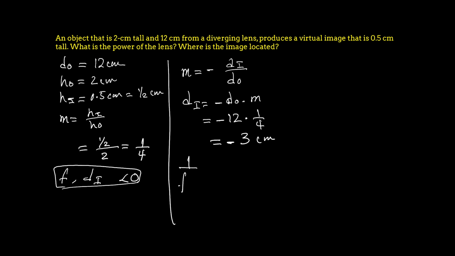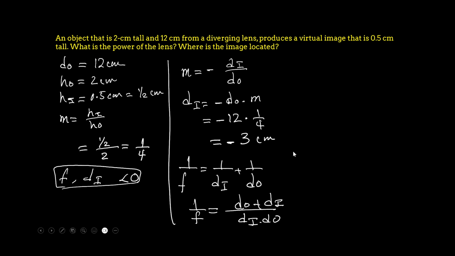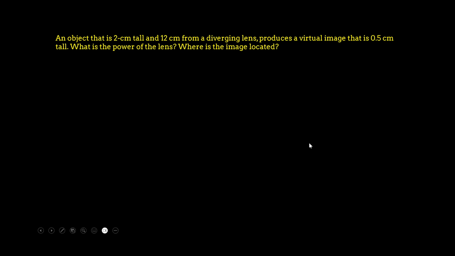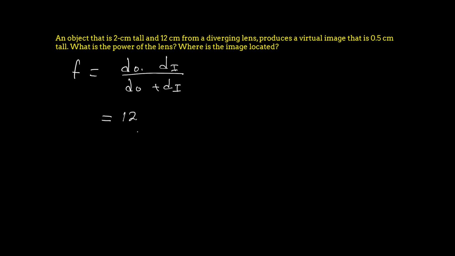So 1 over F is 1 over DI plus 1 over DO. So 1 over F equals DI times DO over DO plus DI, right? And so F is DO DI over the sum. Now I can plug them in. DO was 12.